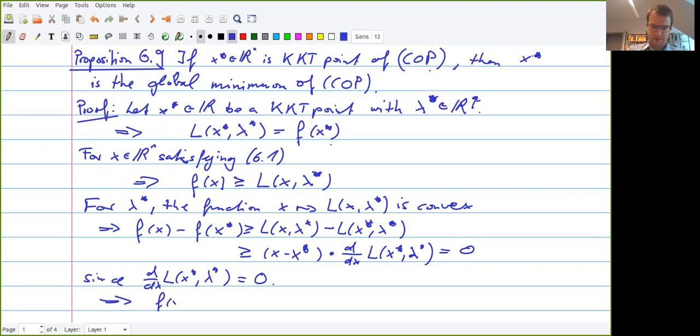Now we are done, right? Because we can reformulate this by saying f evaluated at any point x, which has to fulfill our linear constraint, is bigger or equal than f evaluated at our point x star for all x which fulfill our linear constraint condition.